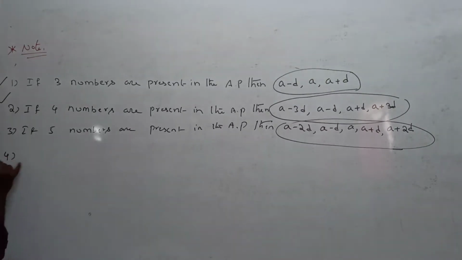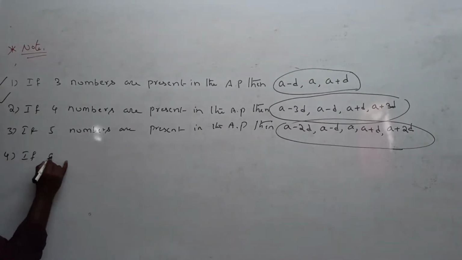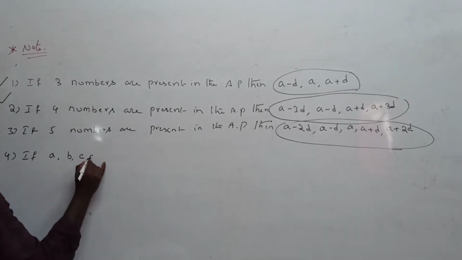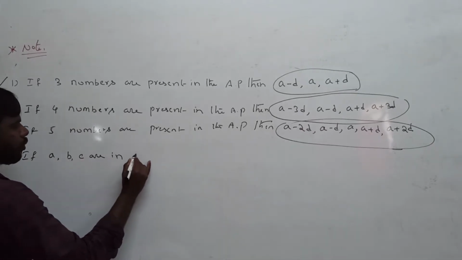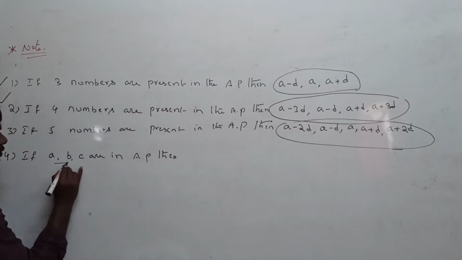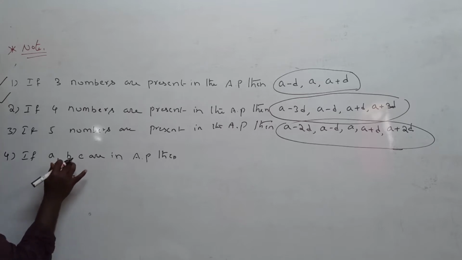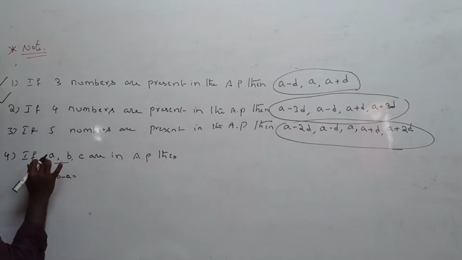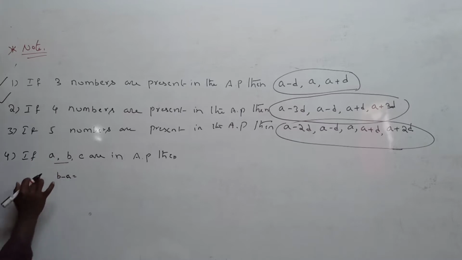Fourth point, important 2 marks question. If a, b, c are in arithmetic progression, then the condition is: first difference, we are equating b minus a. First difference means any element minus the element before it. I am taking b, so b minus the element before it.